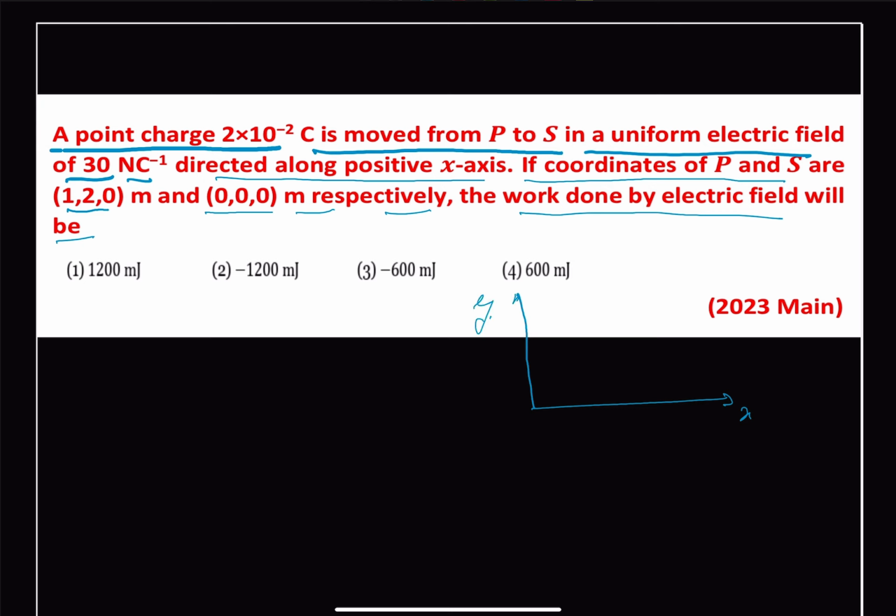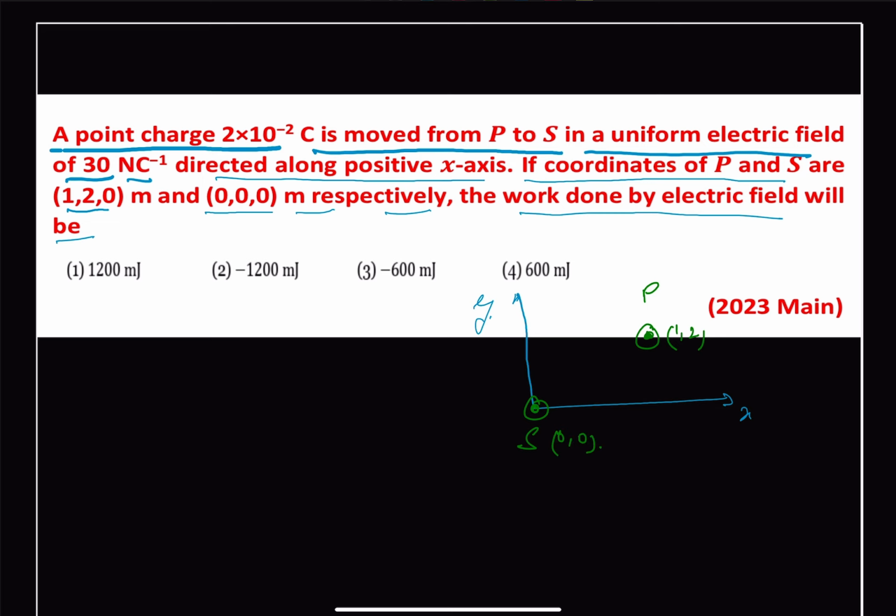First, the coordinates of P and S. S is at the origin, 0, 0, and let us suppose this is our point P, with coordinates x1, y2.